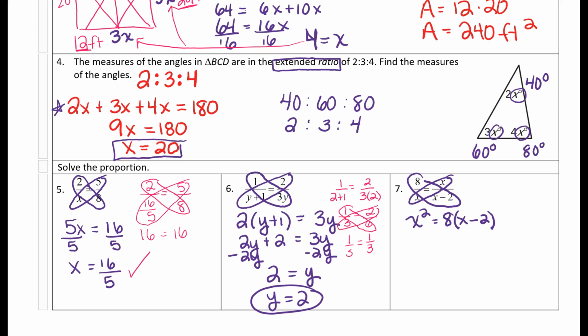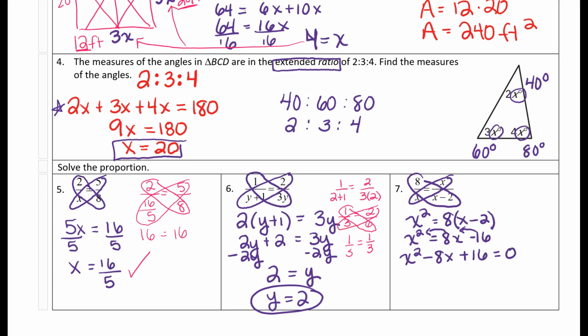So you have to know how to solve quadratic equations. So let's continue here. We have x squared equals 8x minus 16. That is not in standard form, so we're going to bring the 8 over and the 16 over, and we get x squared minus 8x plus 16 equals 0.